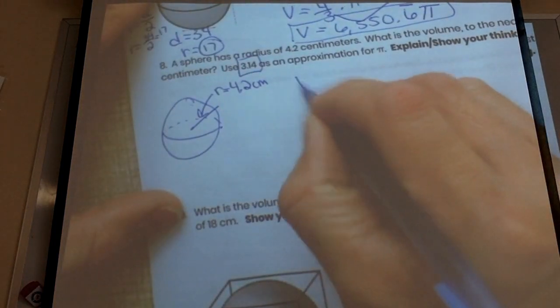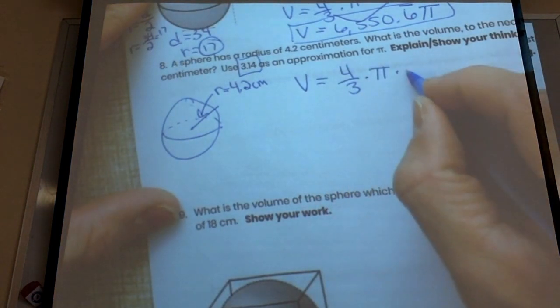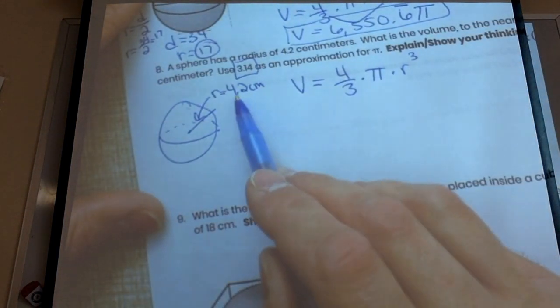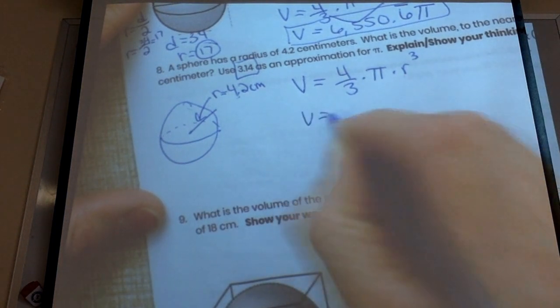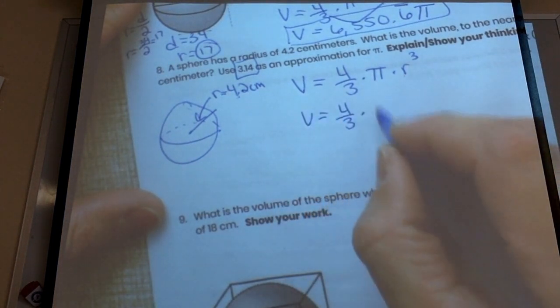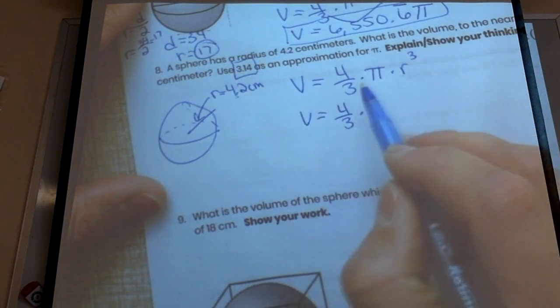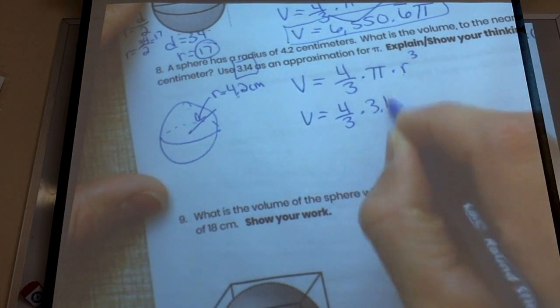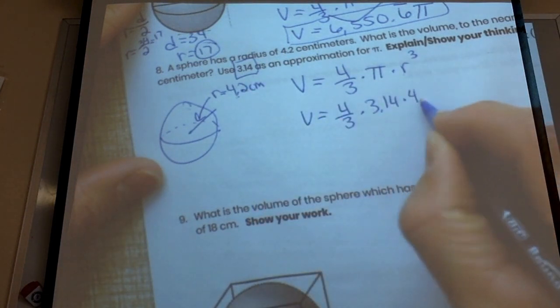So our formula is volume equals 4 over 3 times pi times our radius cubed. So let's plug in everything we know. Our radius is 4.2. We have to cube it. So volume is equal to 4 over 3 times, now they want us to use 3.14 for pi, times our radius cubed, so it'll be 4.2 cubed.